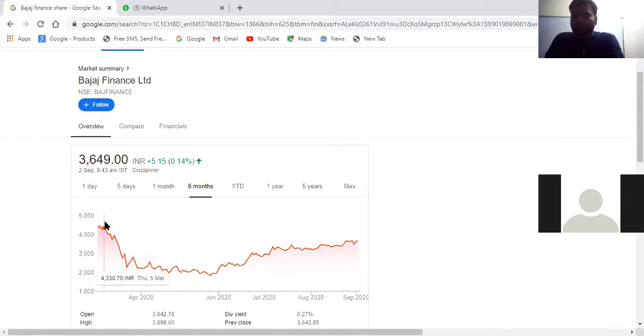Then because of the COVID, there is no possibility of the business in the future 6 months. Then what will happen to us? Definitely it will be the negative point to us. Then the shareholders have decided to sell the Bajaj Finance shares.